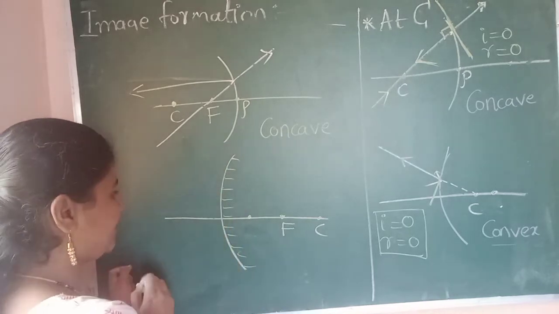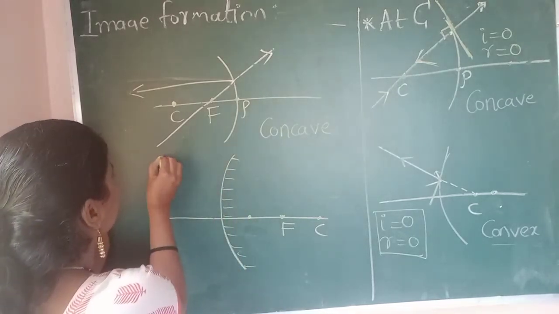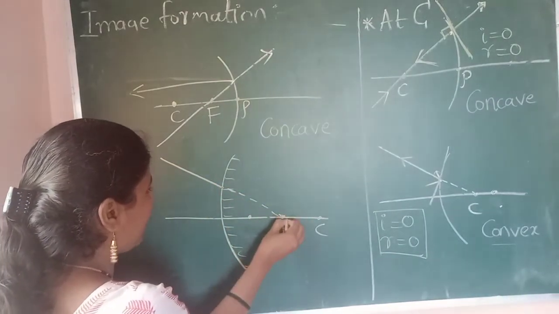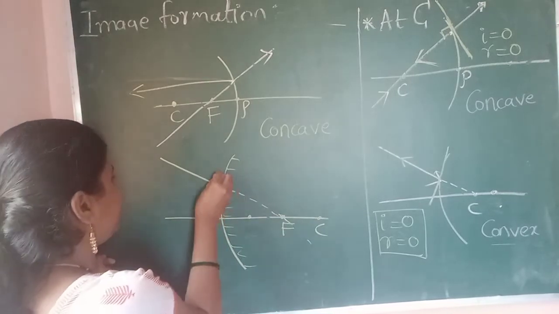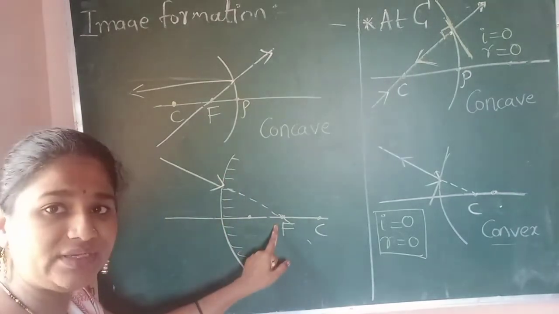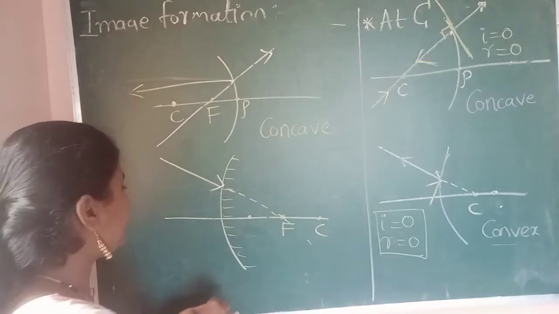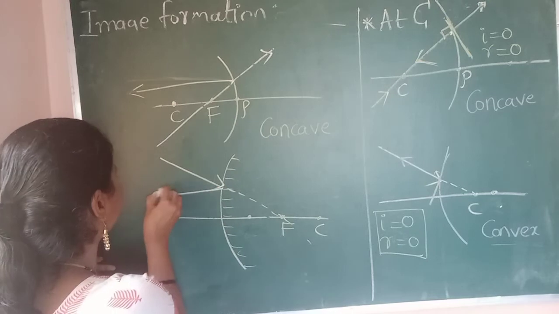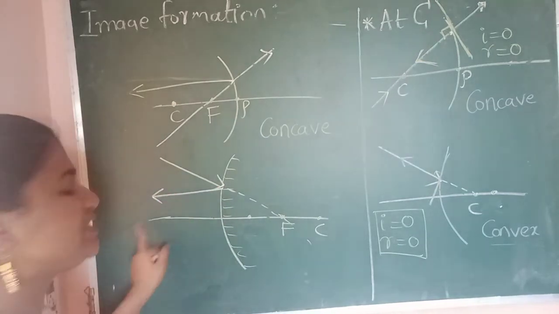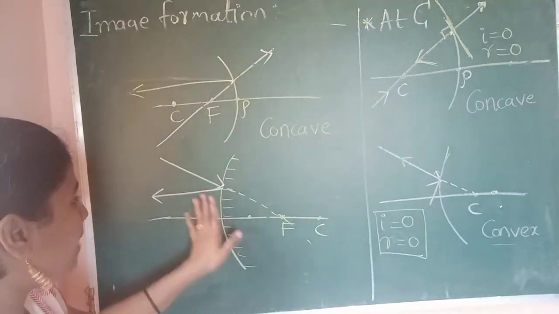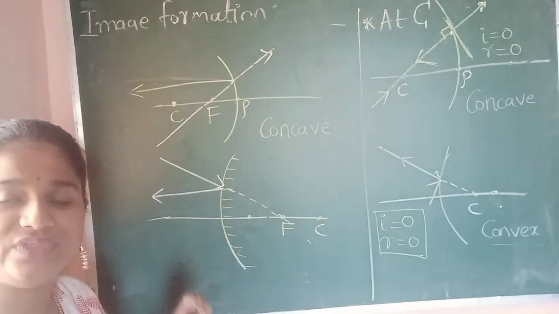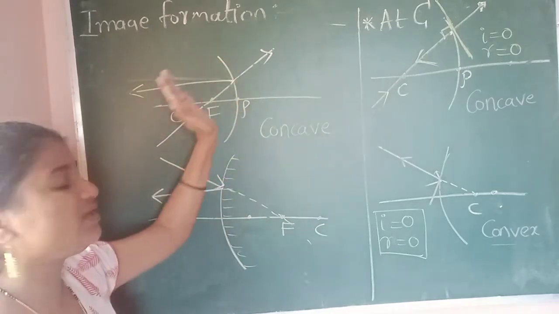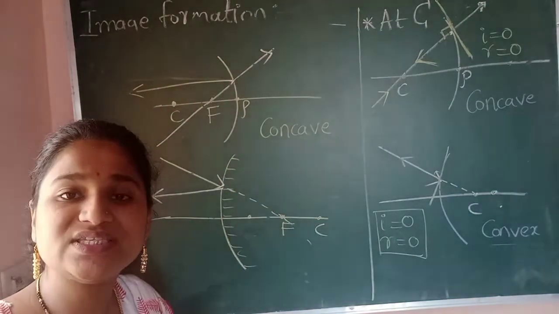Now, when a ray of light appears to pass through the focus point of the mirror, again the reflected ray will be parallel to the principal axis of the mirror. So this is how the image will be formed when the light rays passes through the focus of the mirror.